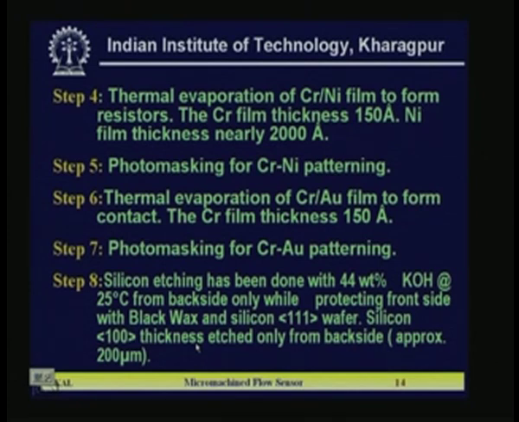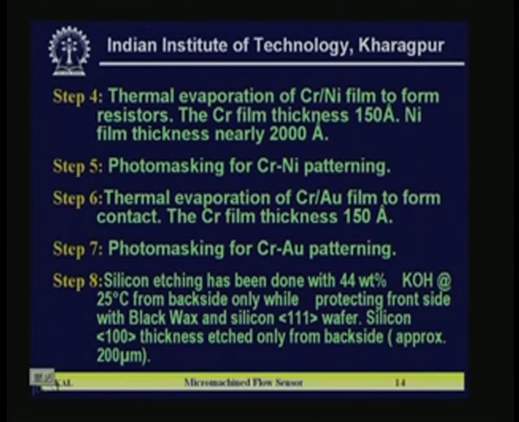That means here what you are doing. If you need long time etching, since the chromium gold or the chromium nickel has already been patterned on the top, the KOH solution may damage the gold or chromium, or gold or nickel, sorry, chromium nickel film.